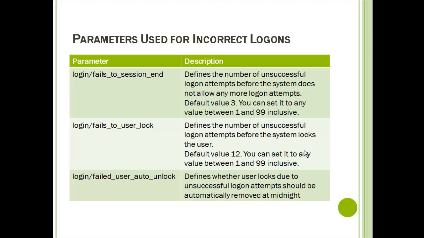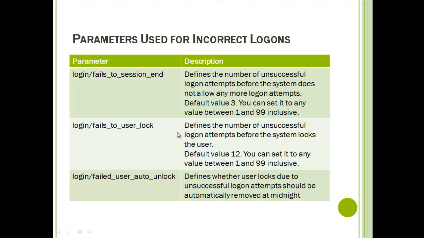Now let's see the third parameter, that is failed user auto unlock. Using this parameter, we can define that a user who was locked because of an incorrect password can be automatically unlocked at midnight.